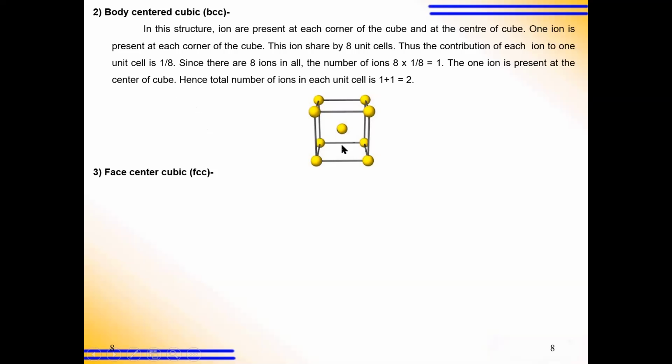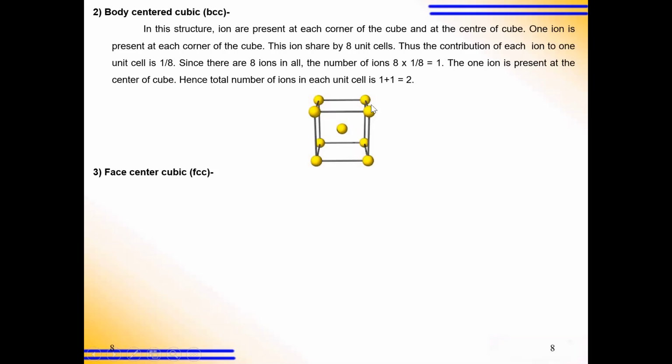One ion is present at each corner of the cube. आता जसं आपण बघितलं होतं की एक आयन हा 8 युनिट सेलला शेअर होतोय, तसंच इथे सुद्धा 8 युनिट सेलला तो शेअर होतोय. This one ion's contribution is shared among the 8 unit cells. So if it is shared among 8 unit cells, then the contribution of these ions is 1. Why is it 1?